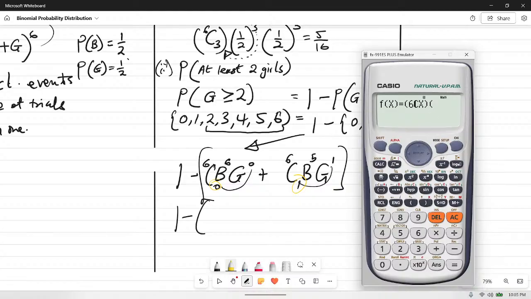Then probability of boy is half, exponent 6, half exponent 0, exponent x. Let me do here x, minus 6 minus x.